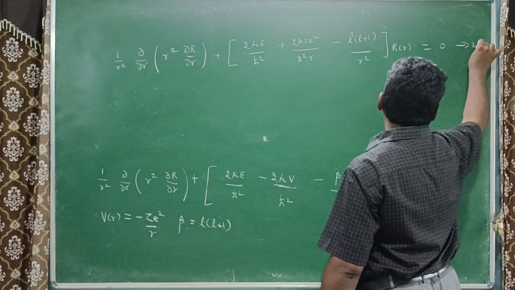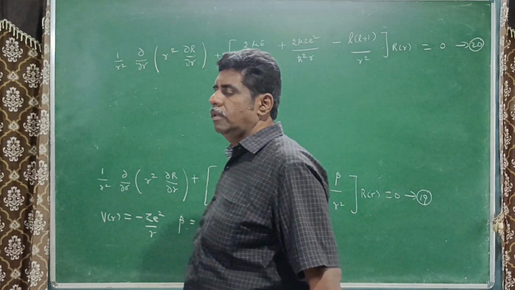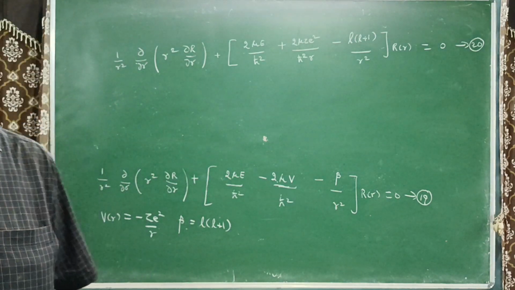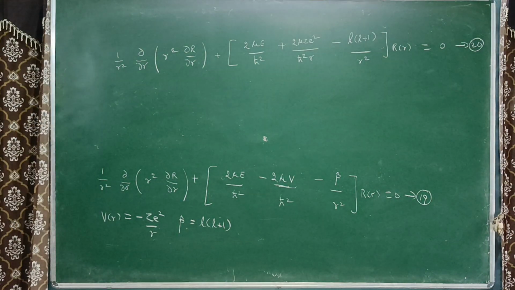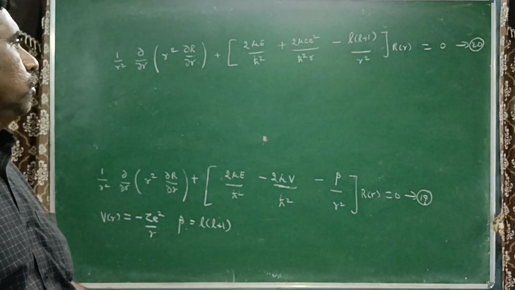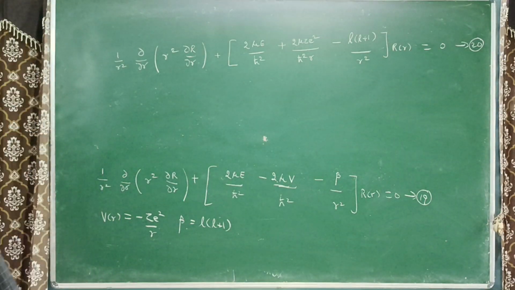So this is equation number 20. This is called the R equation. Now we have to solve this R equation to get the energy eigenvalue of the hydrogen atom.